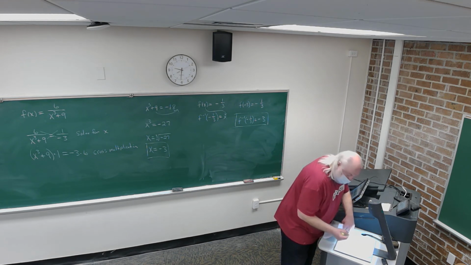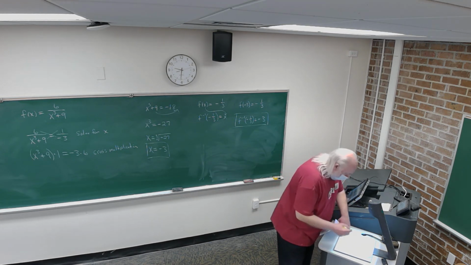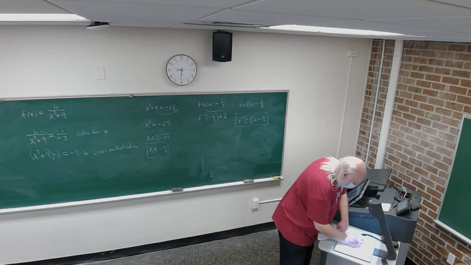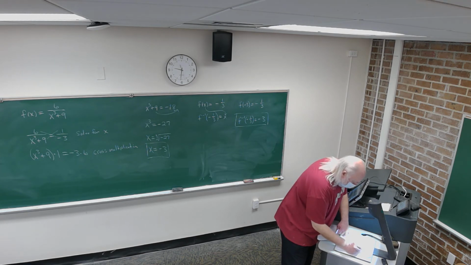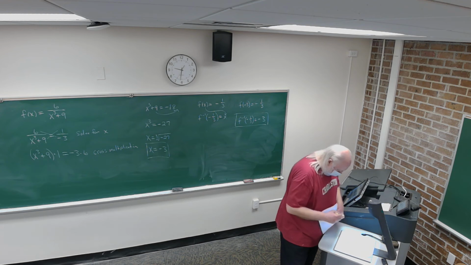So we're going to use property number 5 to verify that f inverse is the inverse of f. Show that this is the composite, right? This is f inverse of f of x equals x, and the composite f of f inverse of x is equal to x. Okay.